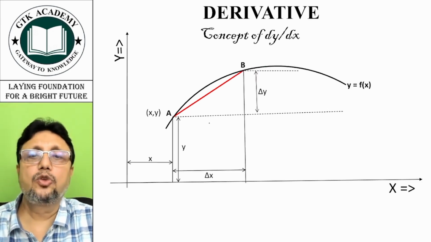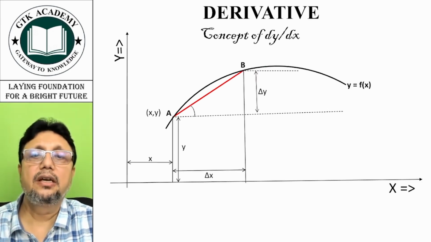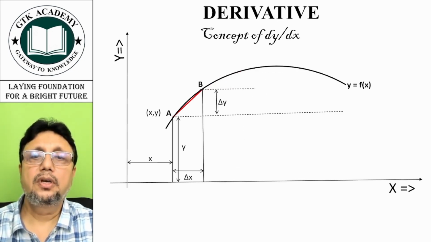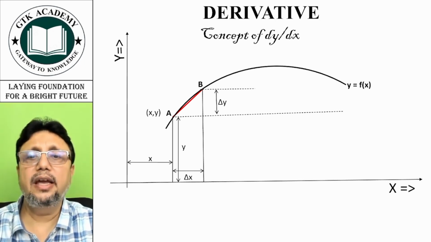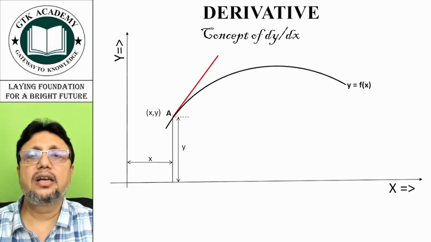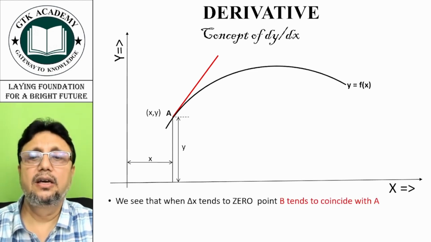Now you can see the slope of this line is changing, right? A bit more close, even more close. Now, as delta x tends to 0, B tends to coincide with A, and then this straight red line becomes tangent at A.